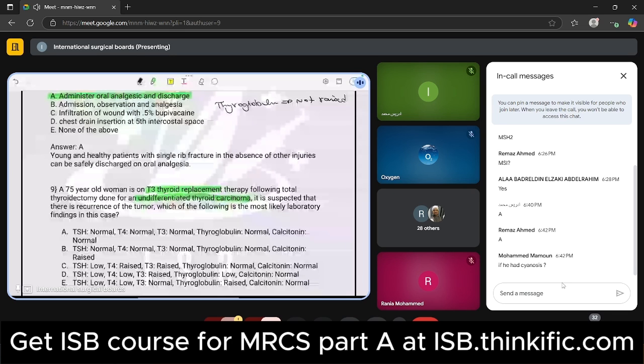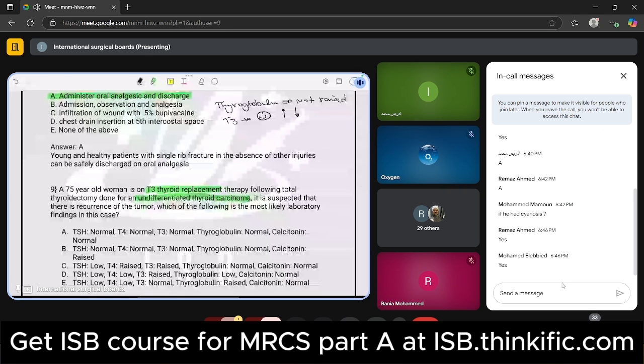So T3 will be either normal, raised, or reduced, depending on the correction. Is there overcorrection, or there's undercorrection, or it is corrected well? Do you agree with me up to this point? Everyone agrees? Okay. So thyroglobulin will not be raised.